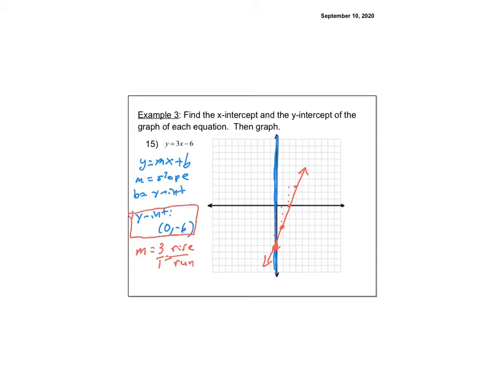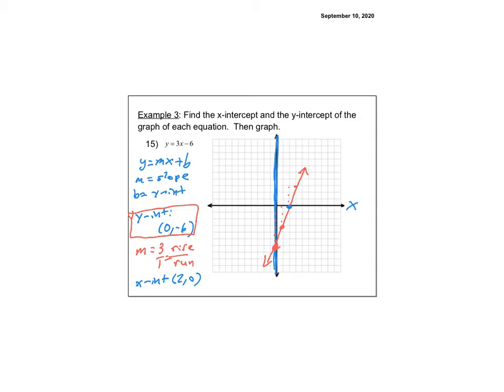and they also asked us to find our x-intercept. Our x-intercept is where it intersects the x-axis. We can actually see it there right now. It's this one right here. This is the x-axis, and it intersects it right there at 2.